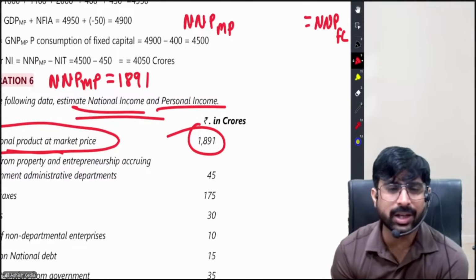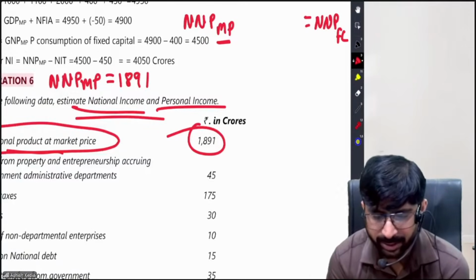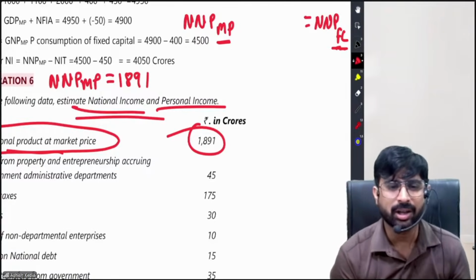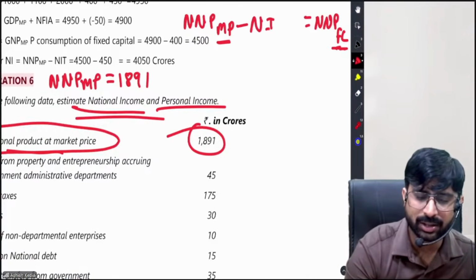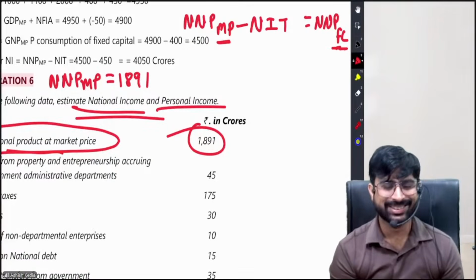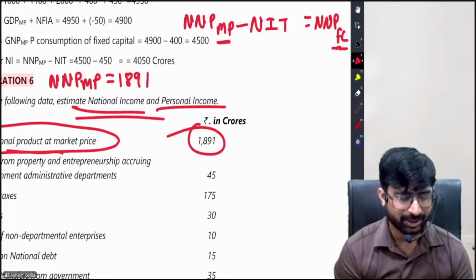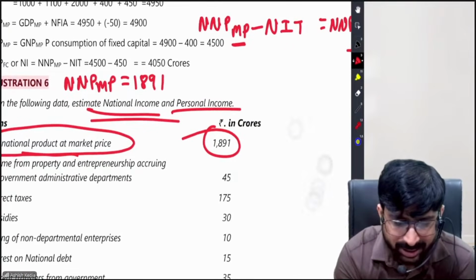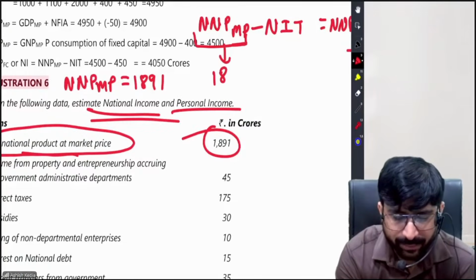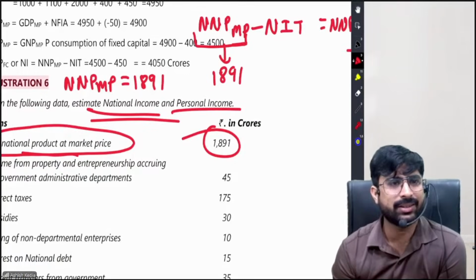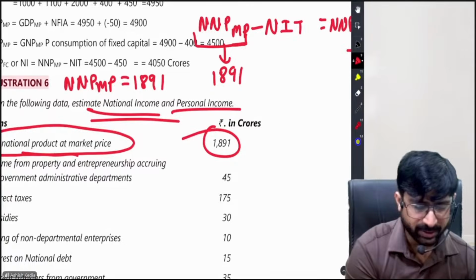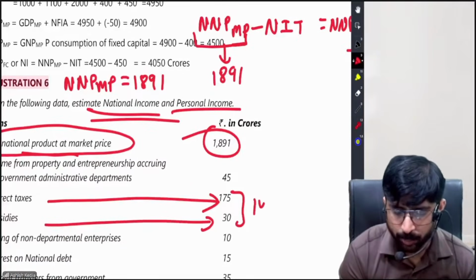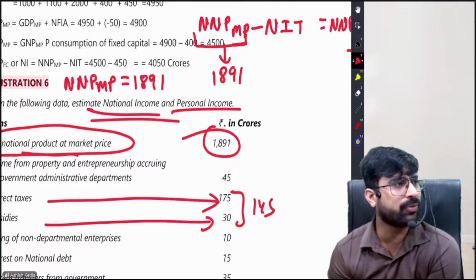So how do you calculate national income? From market price to reach factor cost, what do we do? We deduct net indirect taxes, isn't it? Just find out net indirect taxes. You see, it's very easily available. This is 1891 crores. This is indirect taxes 175. This is subsidy 30. So how much are you getting? Tell me. 145.